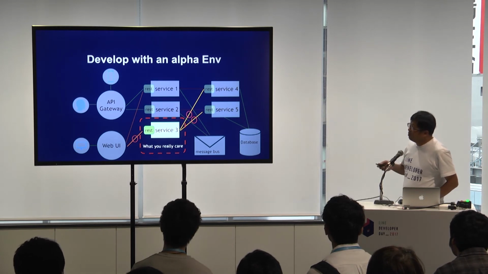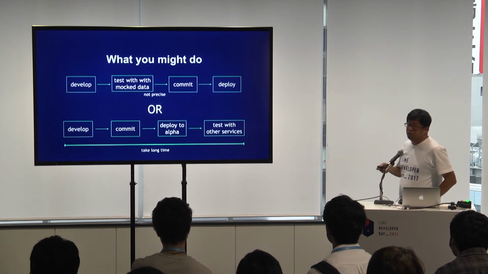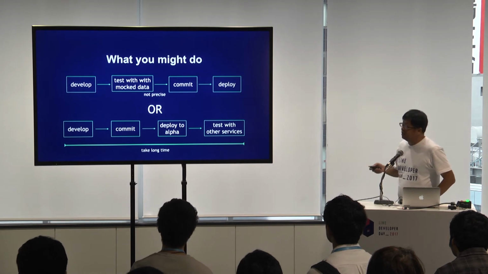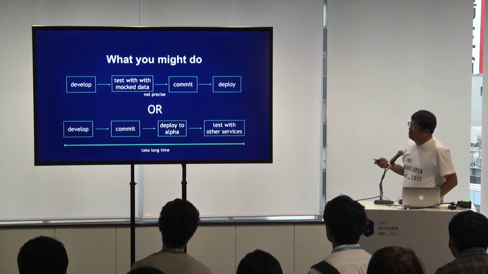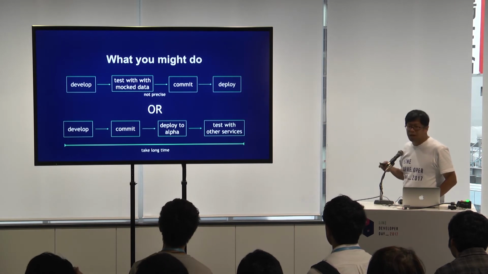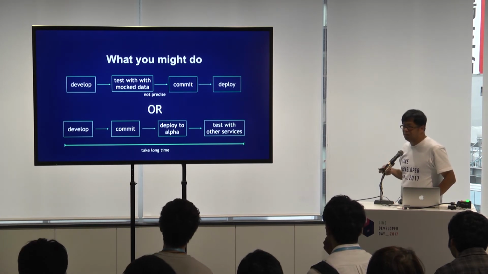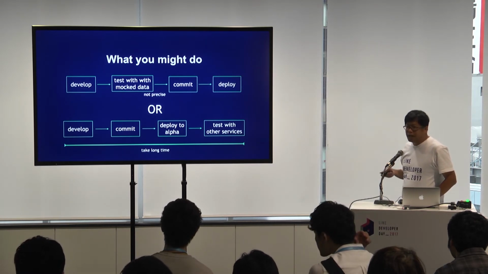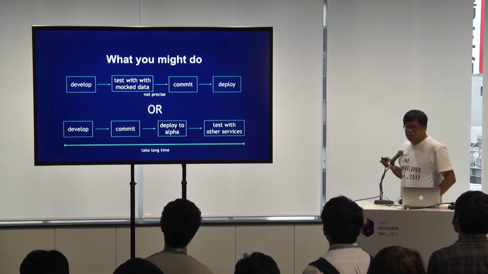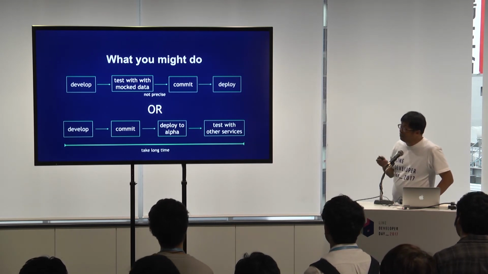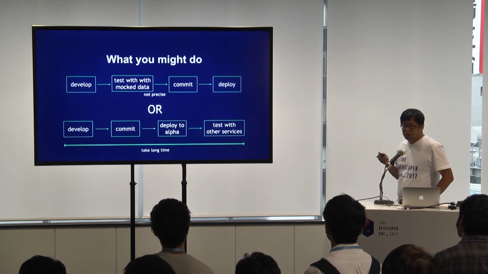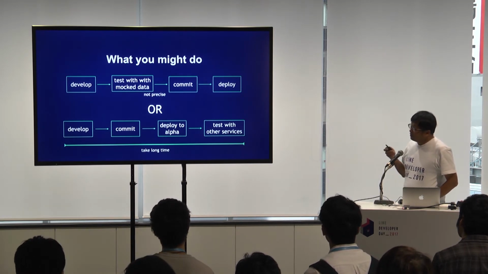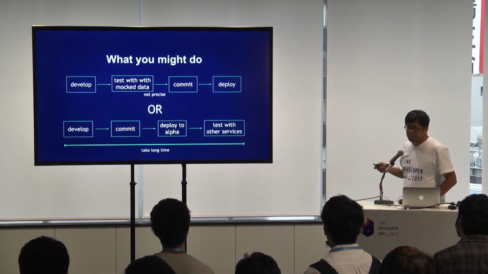So what might we do to solve this kind of problem? First, we might use fake data, or mock data, to develop. After we define the RESTful interface, we can set up some mock data or fake data to test our code before we commit it, and then we commit the code and deploy to the real environment.